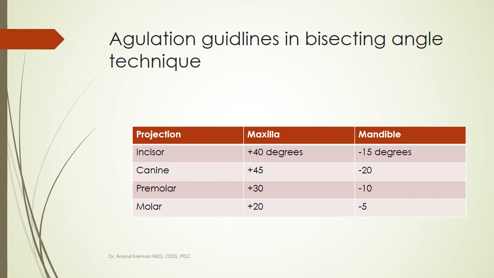Now I told you this is based on the bisecting angle technique, and this bisecting line is going to be an imaginary line. After you place the film inside the patient's mouth and the patient bites, you will not be able to visualize the film or the tooth completely. Probably you will be able to do it in the anterior teeth, but definitely not in the posterior teeth.